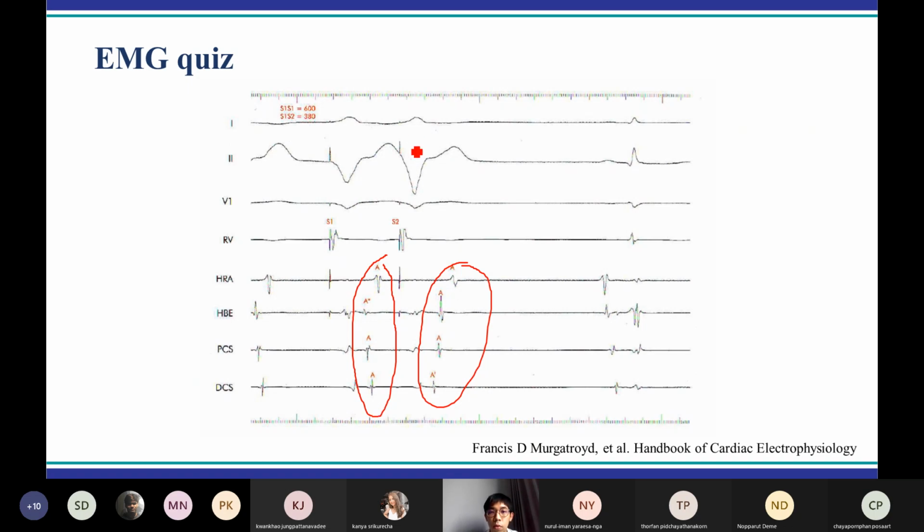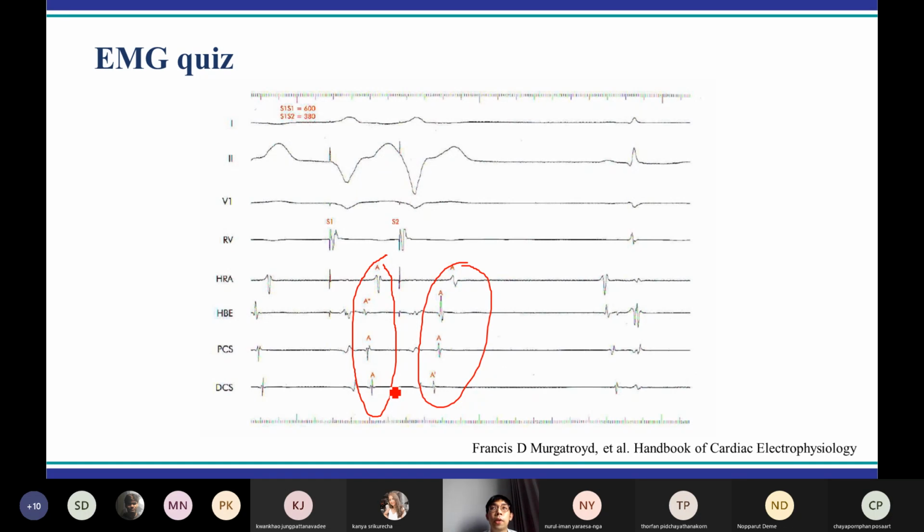But when you pace this beat faster, there is a block in the AV node because the last beat that goes back to the atrium makes the AV nodal and the His bundle region go into the refractory period. So the signal from pacing could not go up the AV node. Instead, it goes through the accessory pathway. So it shows that there is an eccentric atrial activation. So you can diagnose that there is an accessory pathway in this patient.